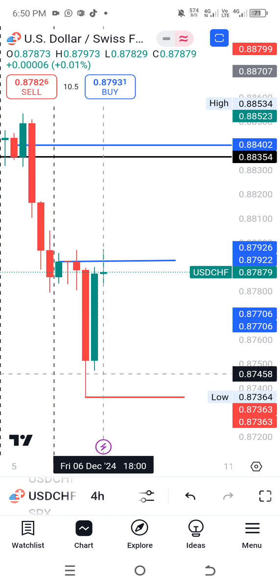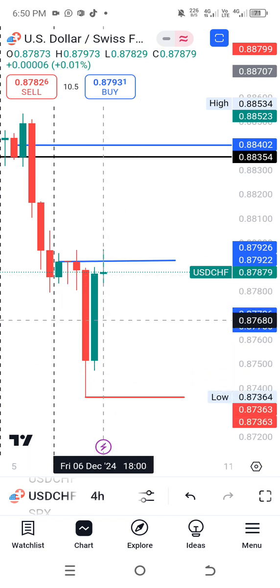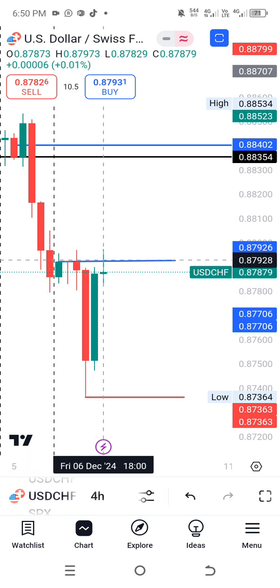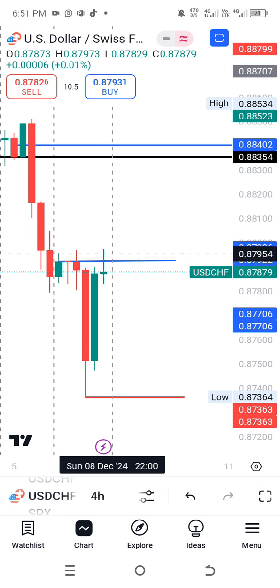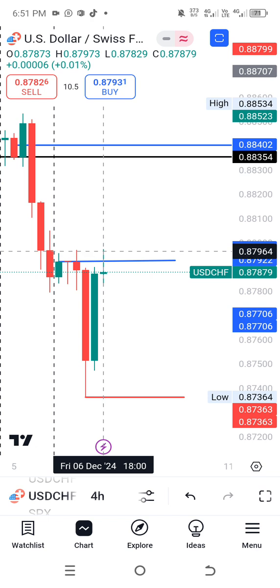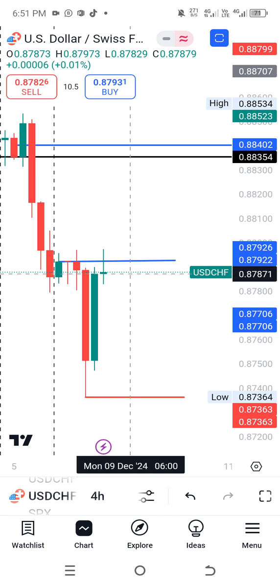Once price hits it, it means this setup is invalidated. So no matter what you see around here, until price closes, not wicks, closes above this high on H4, don't look for a buy. Wait for price to close above it and retest into it. Then you can take a buy on lower time frame.